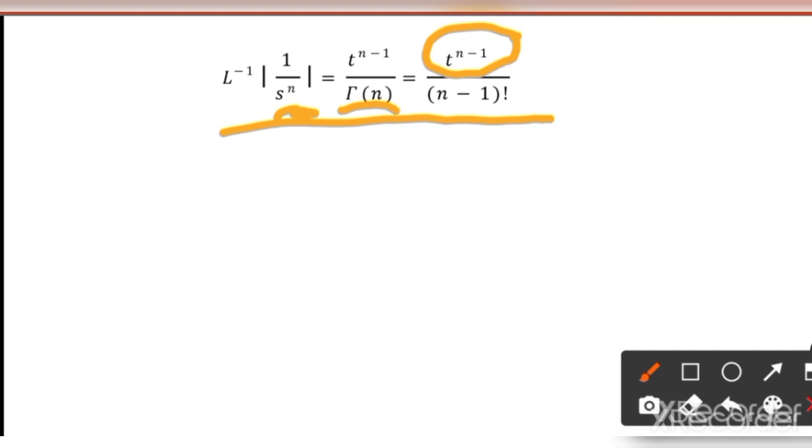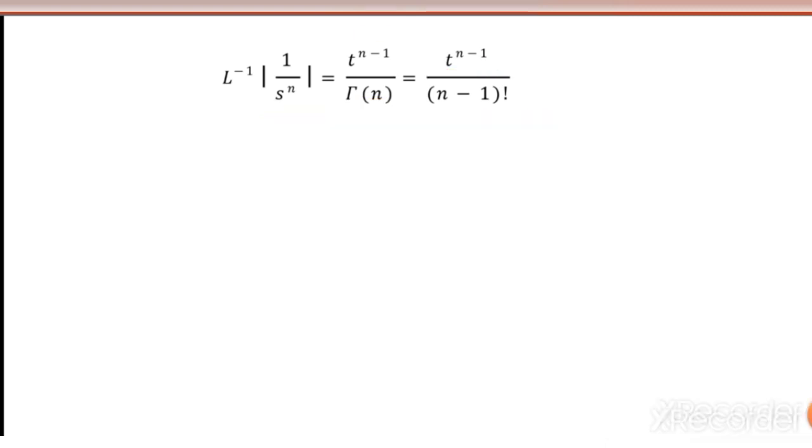So what will be the result? Earlier we had t power n by gamma of n plus 1; replacing n by n minus 1, it is obviously t power n minus 1 by gamma of n. That's how the result for 1 over s power n is t power n minus 1 by n minus 1 factorial.